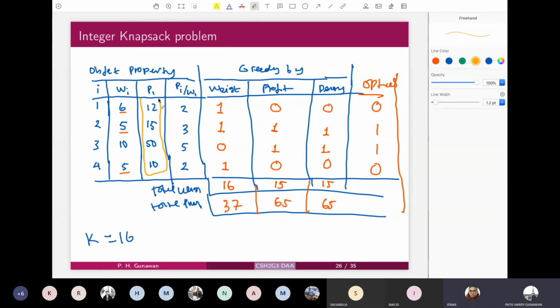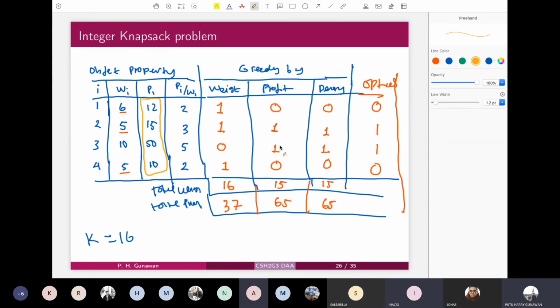So find the maximum. Where is the maximum? The maximum is 15. So then you choose item number 3, since this is the maximum. Okay, I understand, sir. Any other questions?